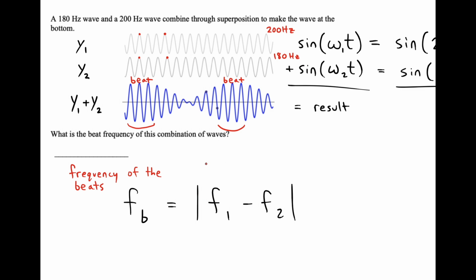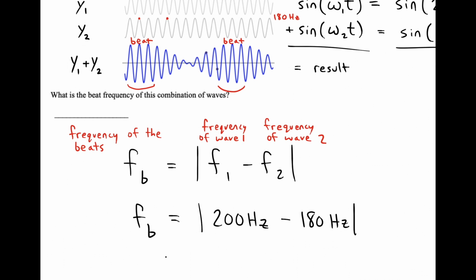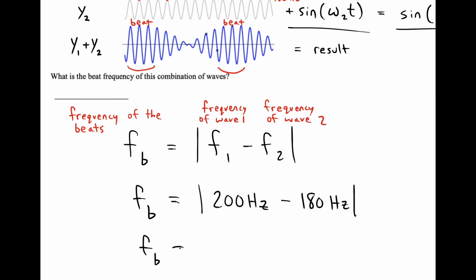F1 is the frequency of the first wave, and F2 is the frequency of the second wave. To calculate the frequency of the beats in this particular question, I'm going to do 200 hertz minus 180 hertz, and use absolute value just to make the frequency of the beats a positive number. The frequency is 20 hertz.